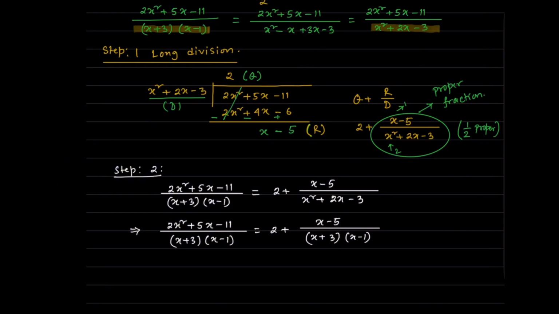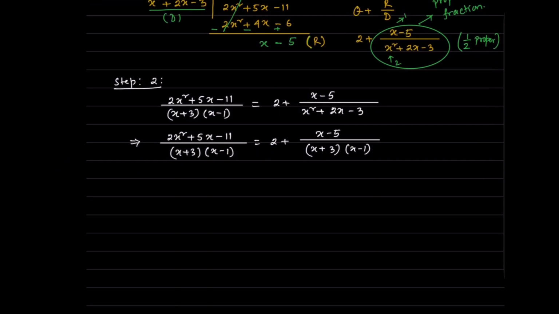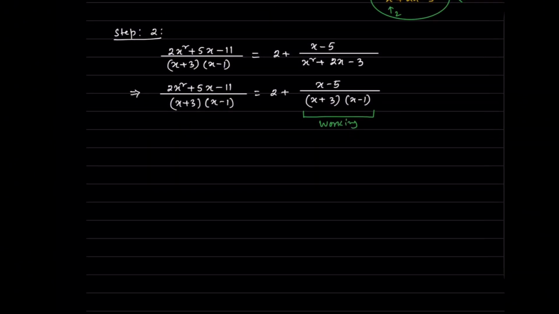Alright, so now we need to do the working for this part only, and then we'll add it here. This part is x minus 5 by x plus 3 into x minus 1, identical to a by x plus 3, because this is a proper fraction and this is a linear form, right?